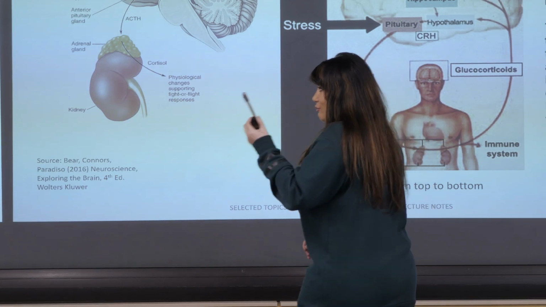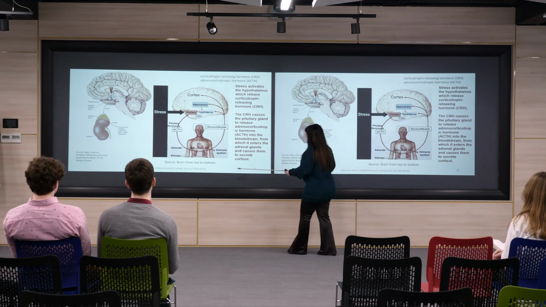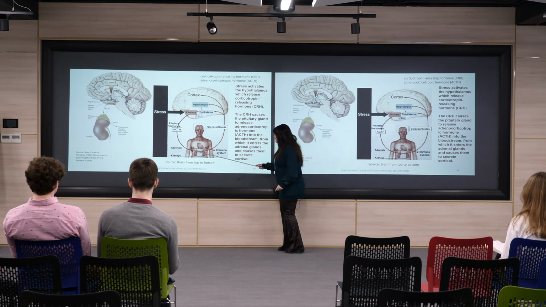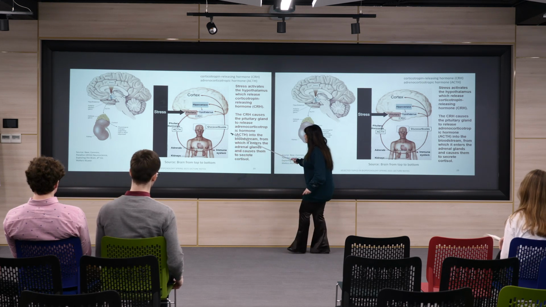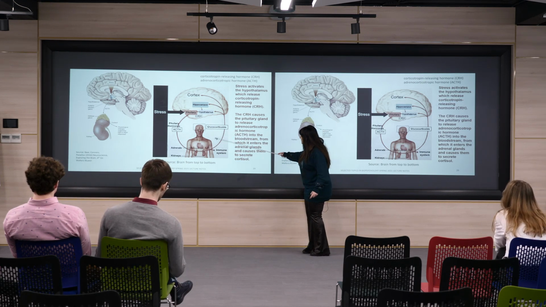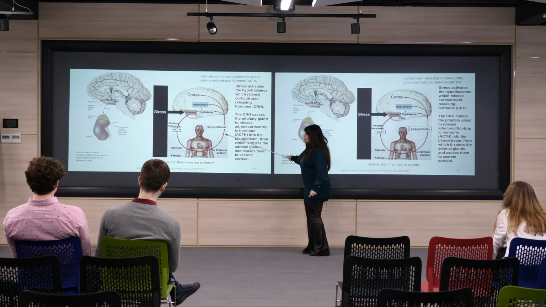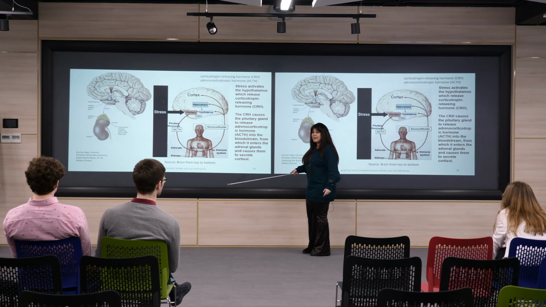So that's a good thing on one hand, but on the other hand, this cortisol is a kind of glucocorticoid. This cortisol is going to go back to the brain, and there is a kind of negative feedback. What do I mean by the negative feedback?